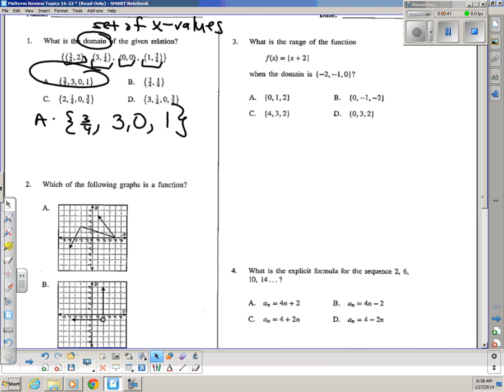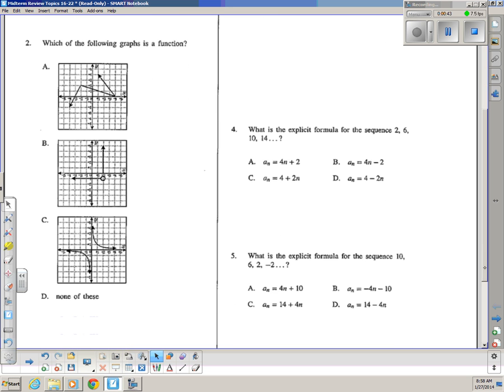Number 2 asks, which of the following graphs is a function? And a function has one output for any input. So if we look at choice A, for example, if I look at +2 on the x-axis, I will see that there are actually two outputs for +2.